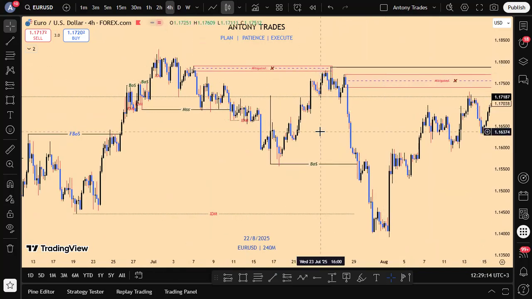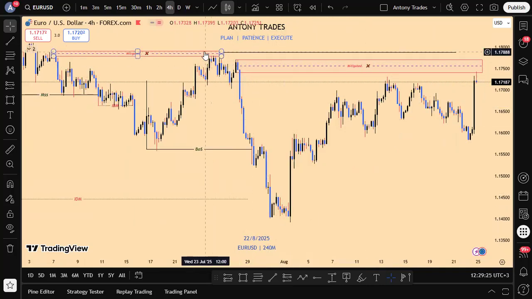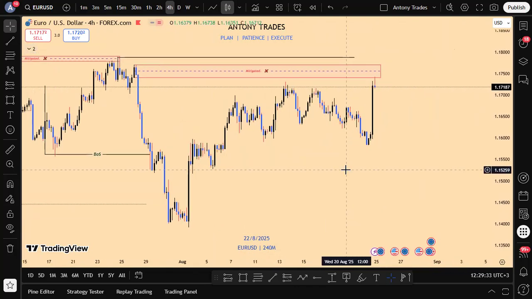This is a very strong high because it has swept all these internal structures here. You see, all these highs became the liquidity. So the market has swept all that before breaking the structure. So these are very strong highs. If the market fails to break that, then I will be looking for a sell from this area. So that is what I have on the EURUSD.